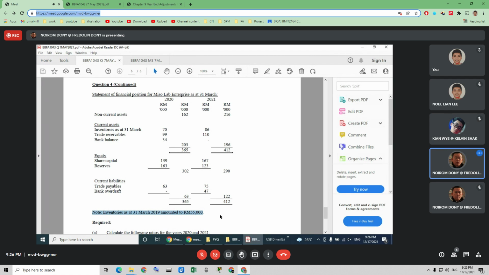Yes, correct, because we have to be consistent. But since you are given this information here, 31st of March 2019, you have an opening inventory for 2020 also. So you can use this to get the average inventory.